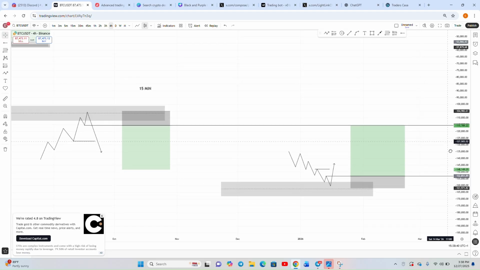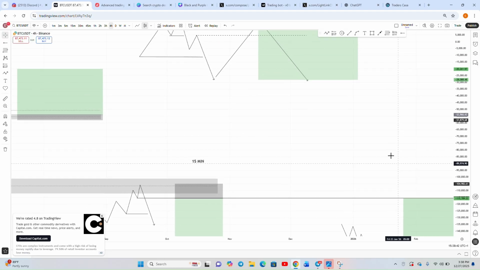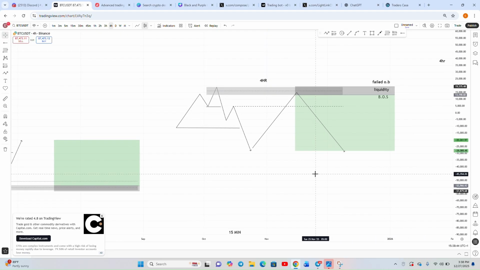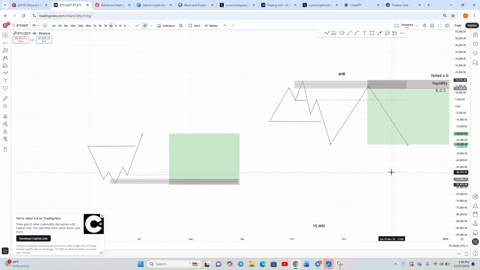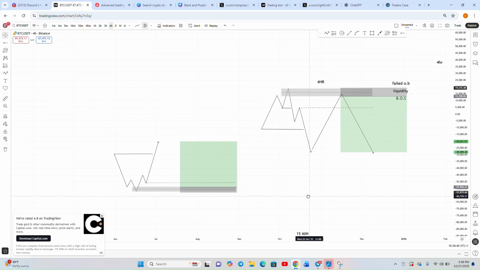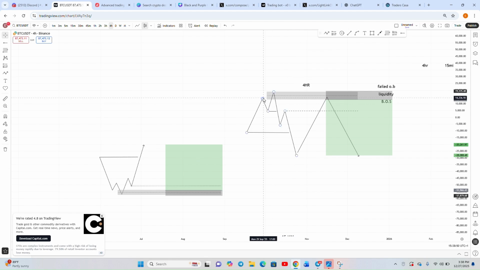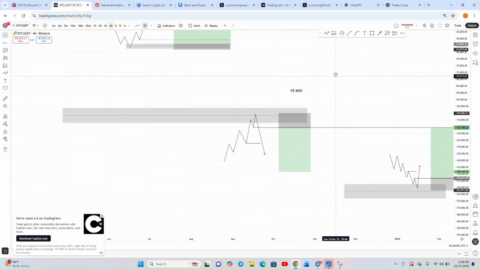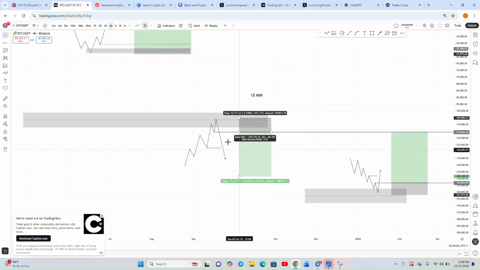Okay. Let's do a brief rundown. This is a 4 hour. First of all, on the 4 hour, what we are looking at is failed order block, liquidity, break of structure, and then point of interest. And on the 15 minutes, what we are looking at is what?